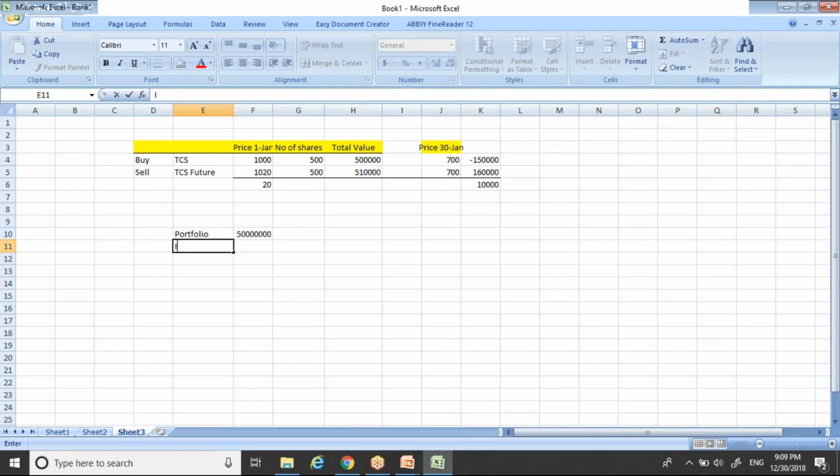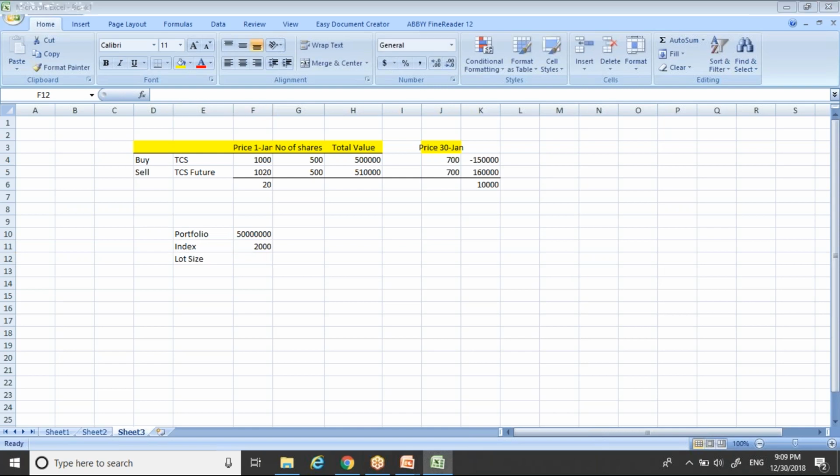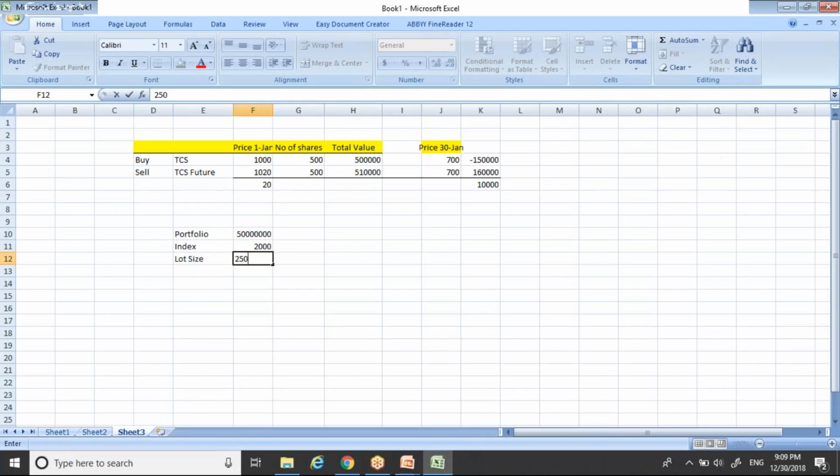And the index value is around 2000, right? And the lot size, or the contract size, is 250. Normally 250 is the lot size of the S&P 500, that is standard. So the index is the S&P 500.